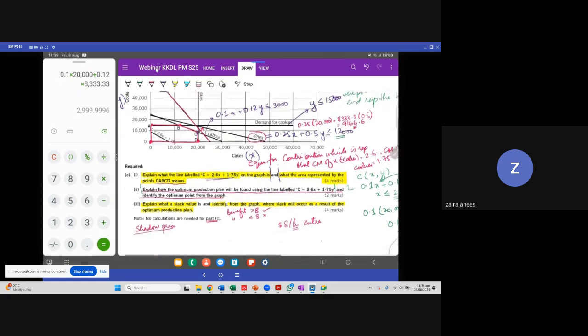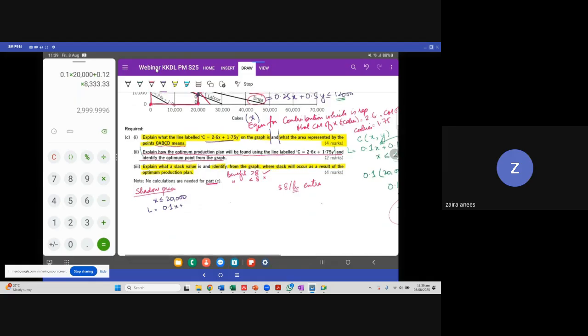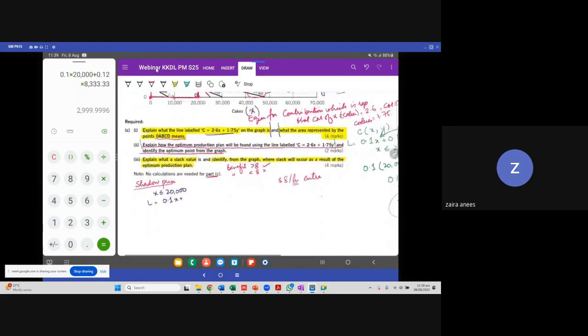At this solution, there are two lines. X should be less than or equal to 20,000, and the labor equation is 0.1 of X plus 0.12Y should be less than or equal to 12,000.